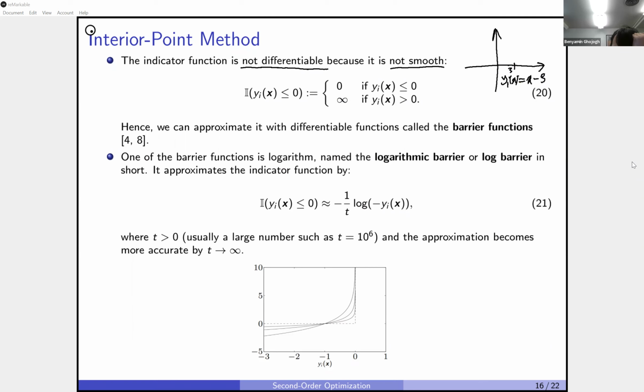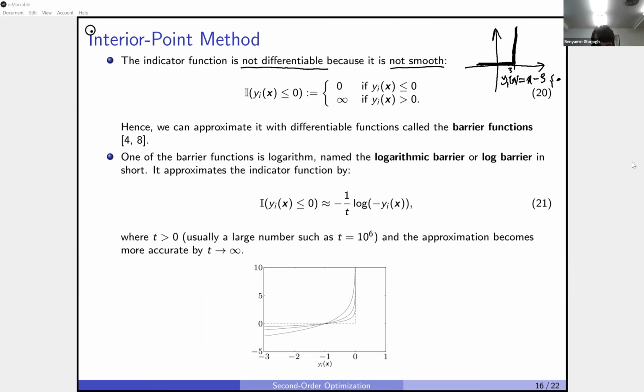Okay. x minus 3 less than or equal to 0. It means that x should be less than or equal to 3. So for the indicator function for y_i(x) equals x minus 3, assume x is a scalar in this case, it will be this. It's a completely non-smooth function. Then we need to approximate it, and we'll talk about it in the next session.